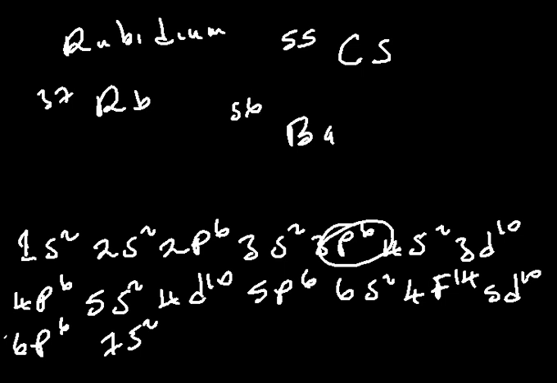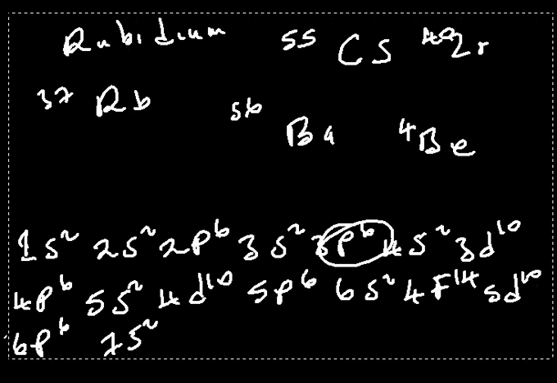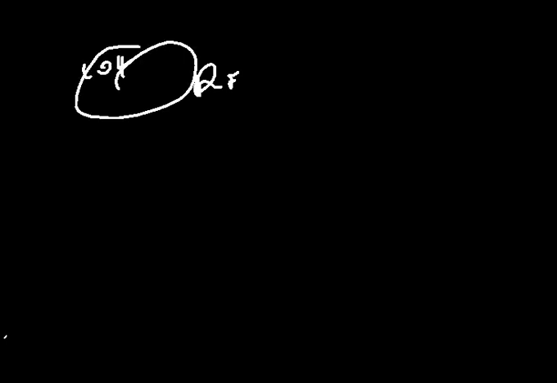Beryllium, Be, that is 4. And zirconium, Zr, which is 40. Try to write the configuration using the spdf notation in that way. And also Rf, which is 104. How should you write the configuration for that one?